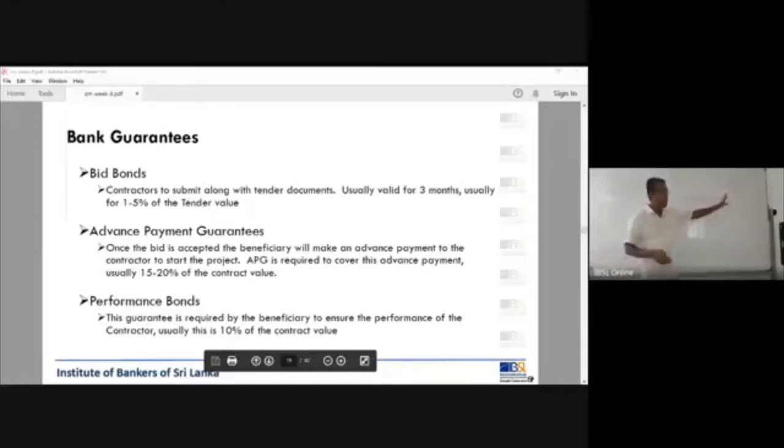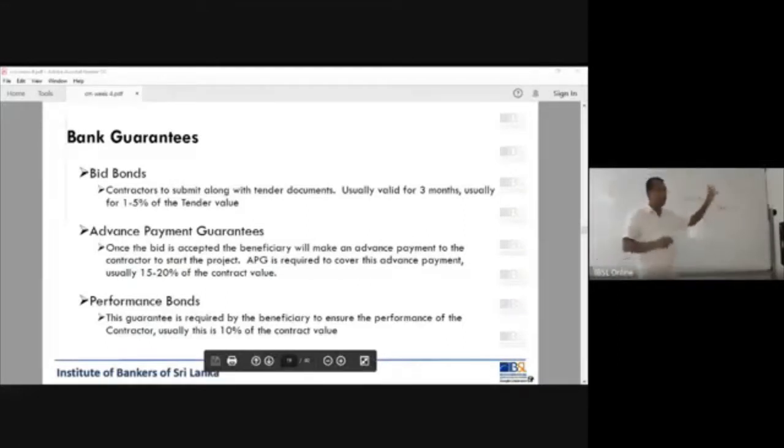So they have to send their quotations. So UDA has to have a technical team to evaluate each and every one. Once evaluated, they will select one person, and we say ABC company selected.